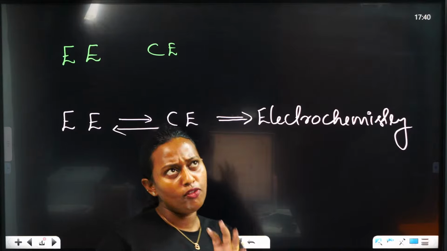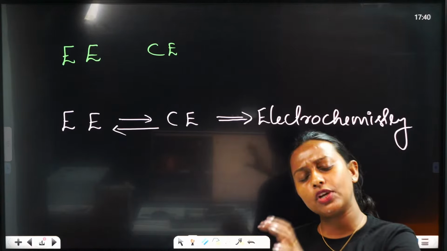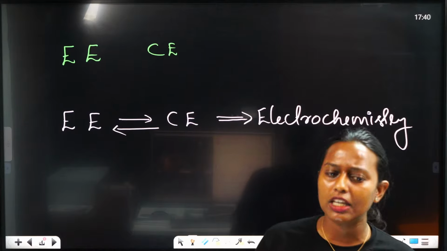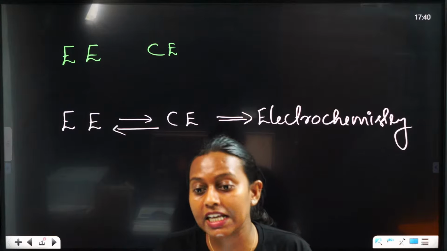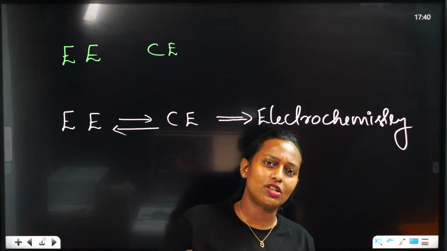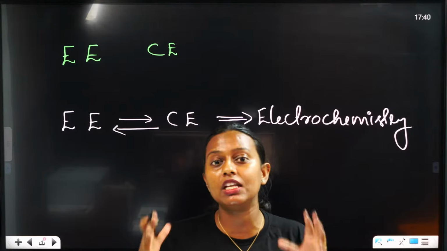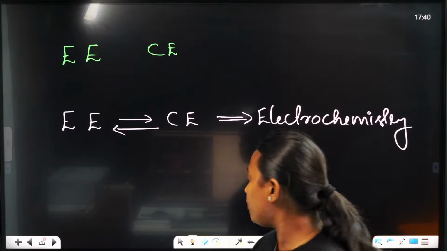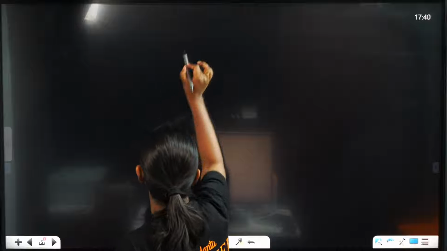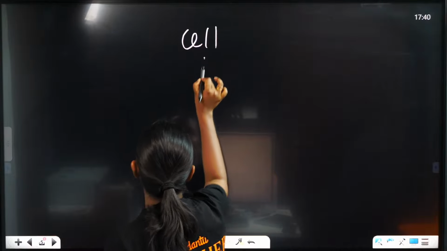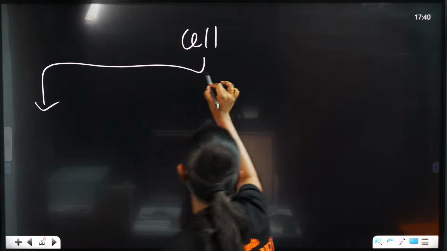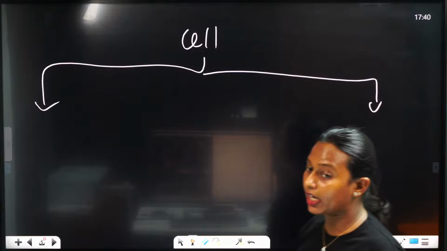For the conversion of electrical energy to chemical energy and chemical energy to electrical energy, we need a cell. We are converting energy, so we require a cell. In this chapter we are using two types of cell.